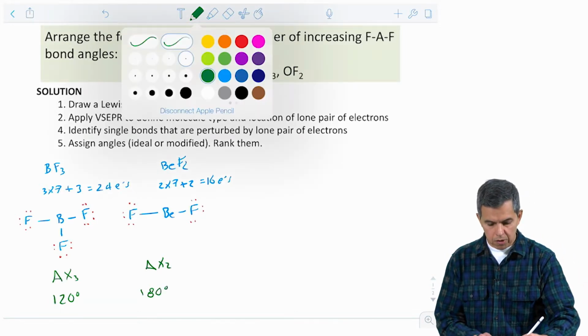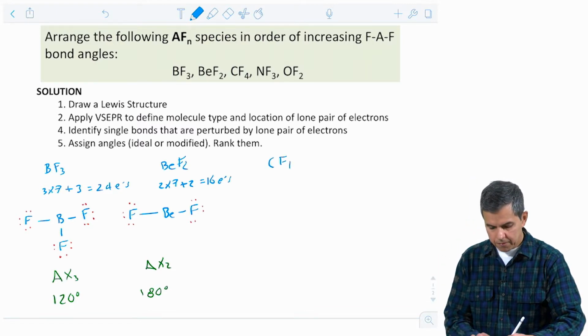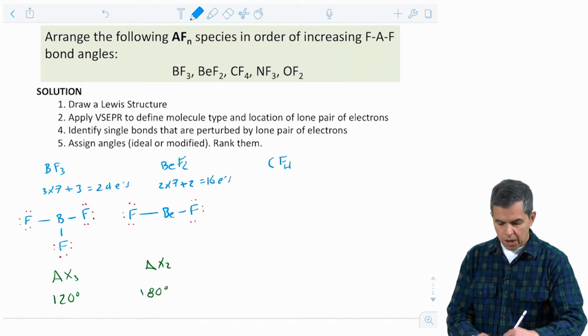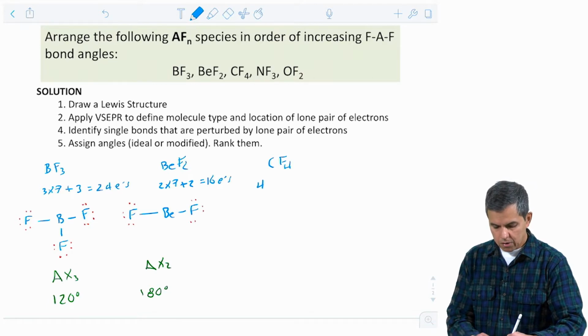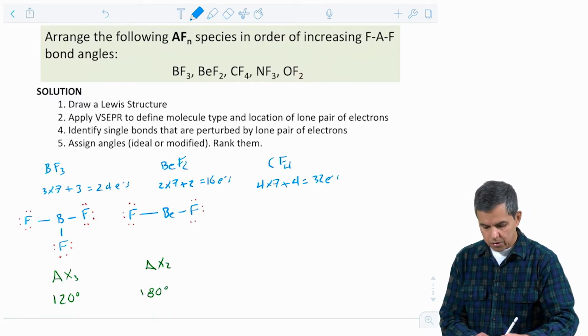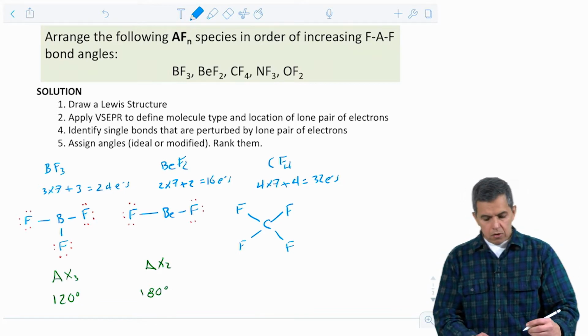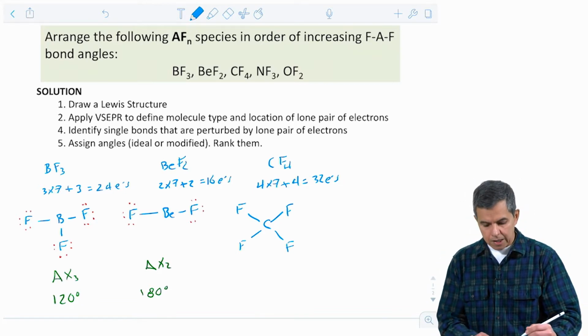Let's work on the next molecule. The next molecule is CF4. We have 4 fluorine atoms, 7 electrons each, plus 4 for carbon, a total of 32 electrons. Place carbon in the center, and then we're going to have a tetrahedral arrangement of fluorine atoms around it. So we have a total of 4 bonds, so that's 8 electrons.